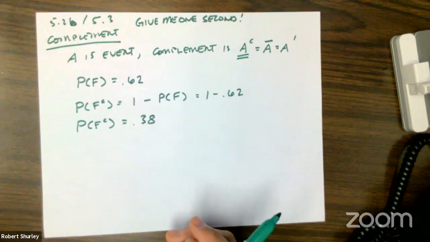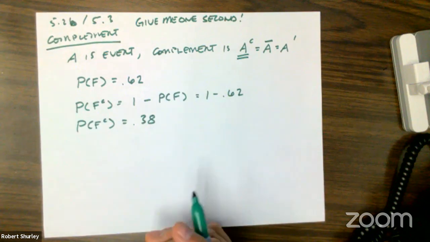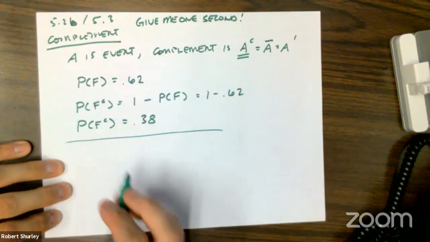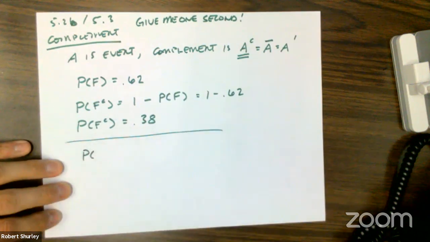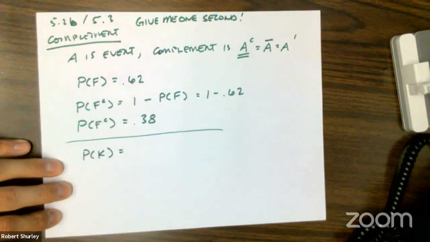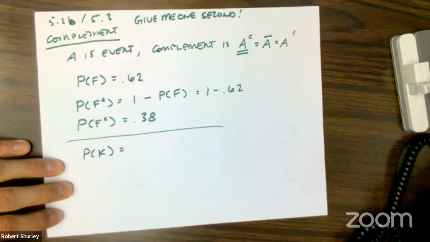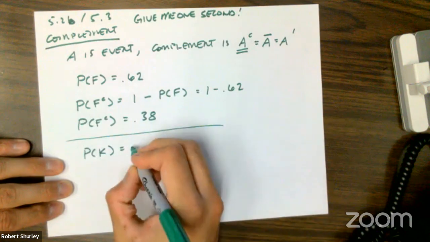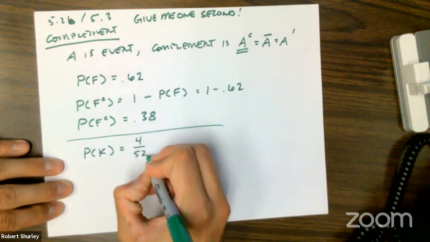Like if we looked at a deck of cards, which we've talked a little bit about, and we want to know the probability we draw a king in one drawing. There are 4 kings in that 52 card deck, so 4 out of 52.